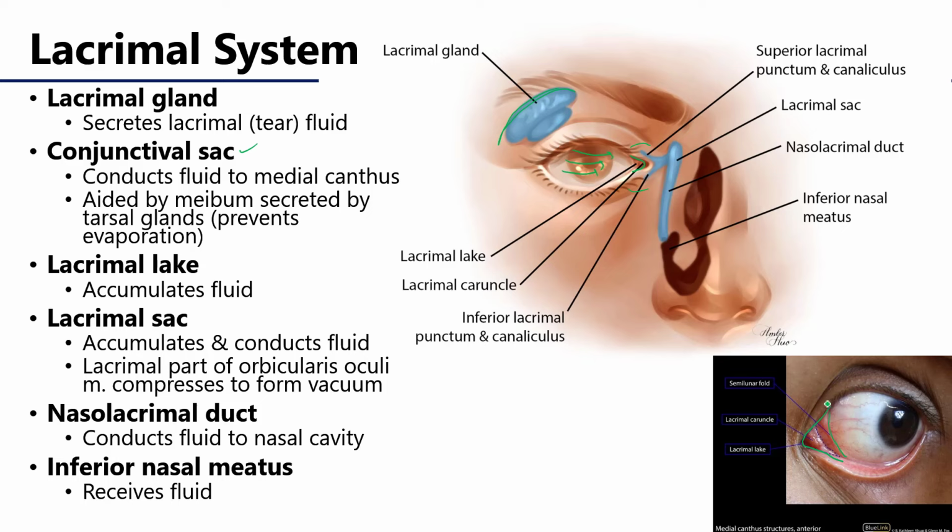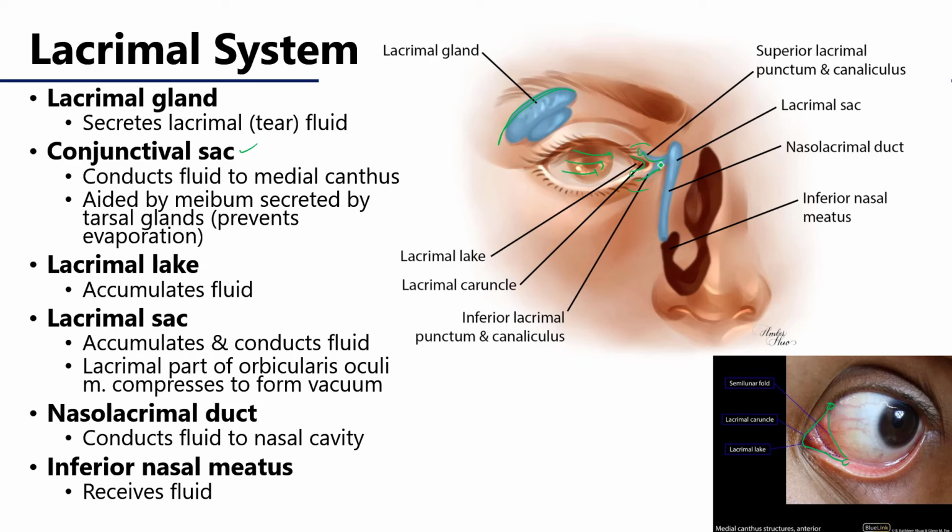On the palpebrae themselves, there are two little lacrimal puncta. This is where the tears are going to be drained from the lake, and from the puncta they are conducted via canaliculi back to the lacrimal sac.